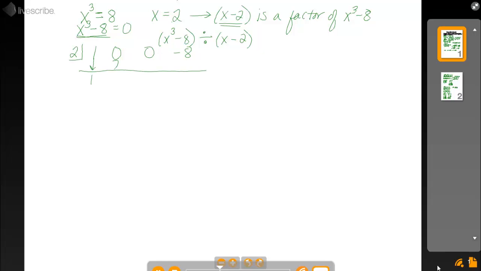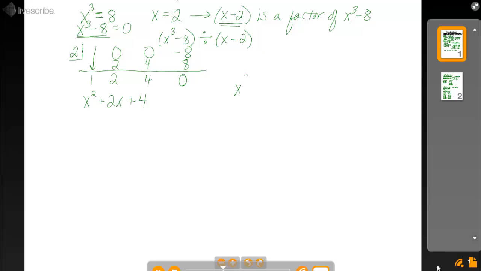Bring down the 1, multiply, add, multiply, add, multiply, add. I'm really glad we got 0. In fact, if we didn't get 0 as a remainder, something would have been wrong, because I did this division under the assumption that x minus 2 was a factor, so I knew that we had to get 0 as a remainder. So our quotient here is x squared plus 2x plus 4.